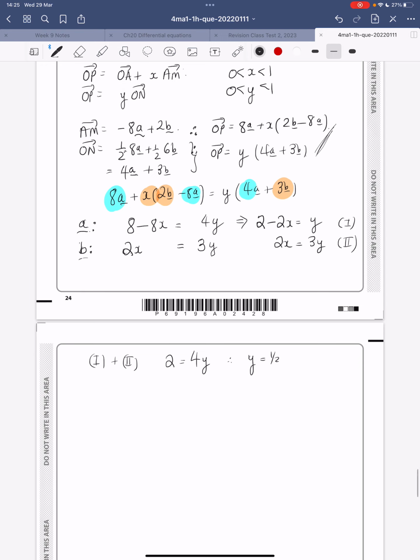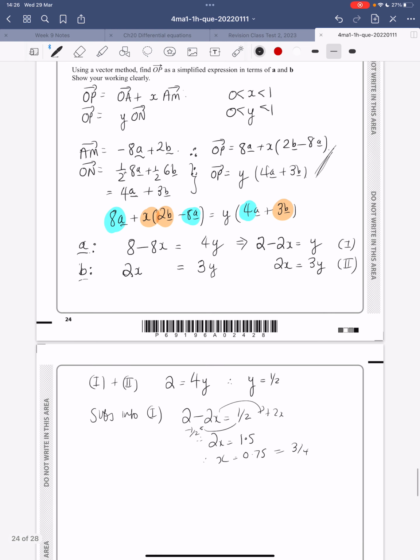Okay, and if we substitute into 1, we get 2 minus 2x is a half, so therefore 2x is 1.5, so therefore x is 0.75, 3/4.